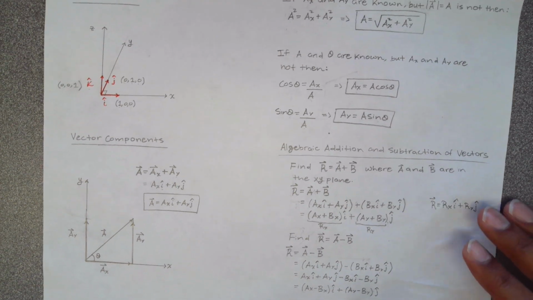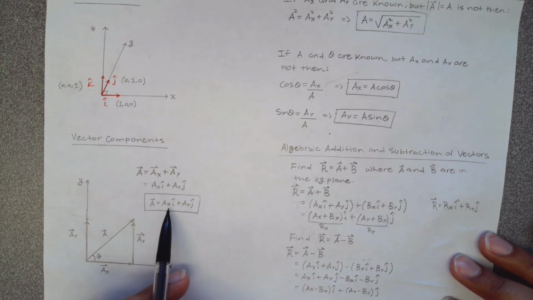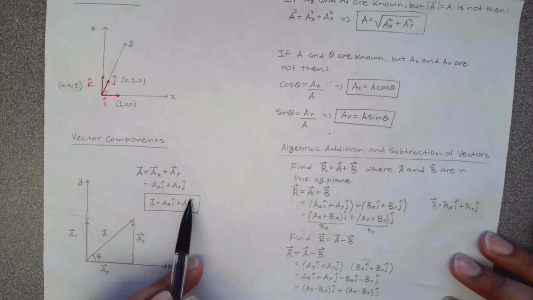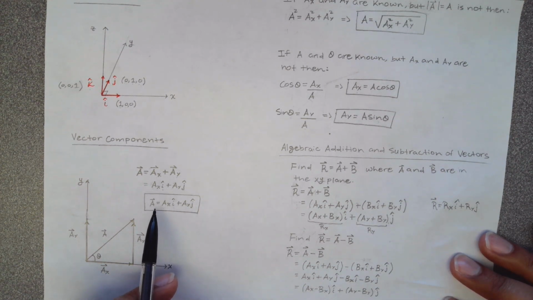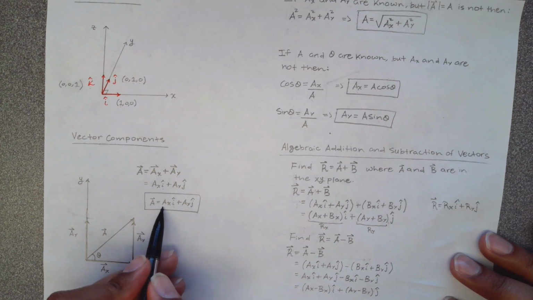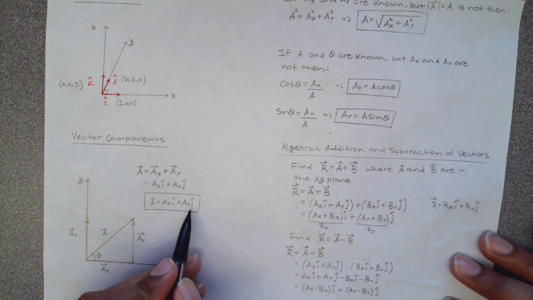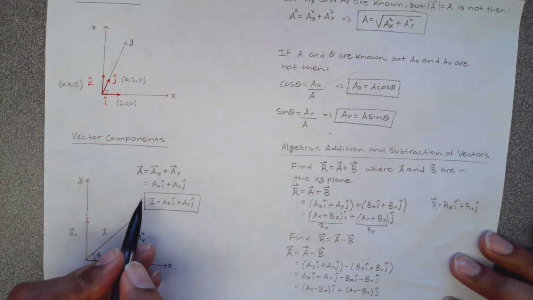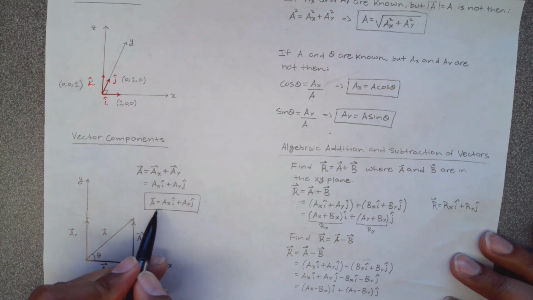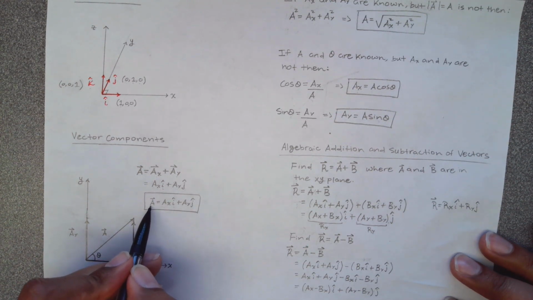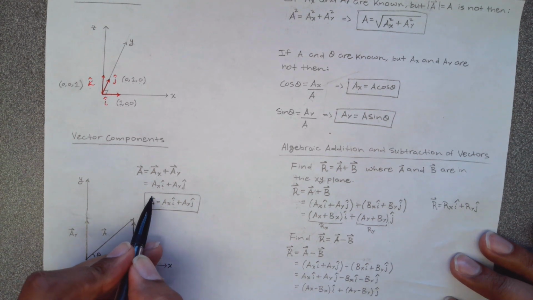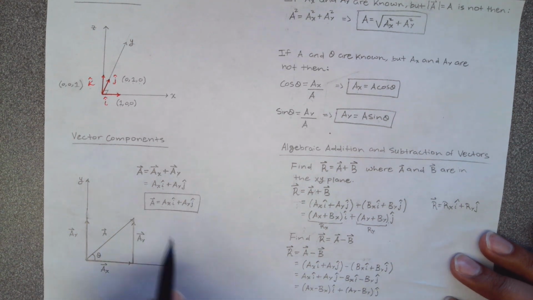Together I can write this vector as ax i hat plus ay j hat. This is the x component of the vector, and this is the y component. This is the vector form of the vector A.